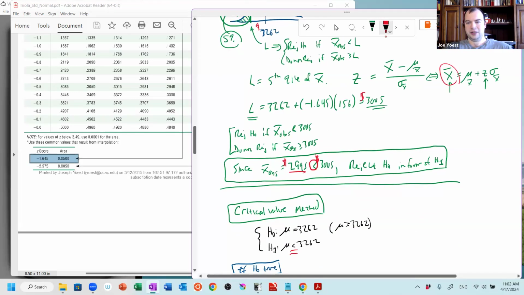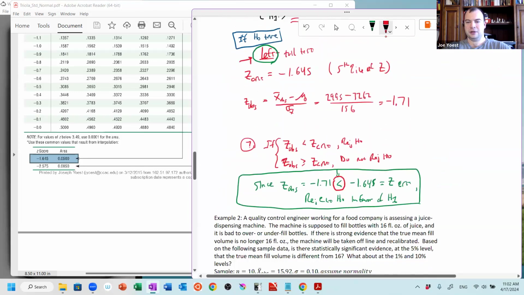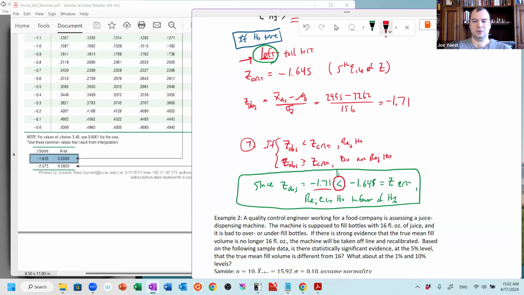But this number, 2995, or this number, negative 1.71, is related to X bar observed. And if it's a left tail test, my strong evidence is when X bar observed is far to the left, or when Z observed, therefore, is far to the left. Whereas if it was a right tail test, if everything was flipped, if I was providing evidence that the mean is bigger than some hypothesized mean, I would want to show that X bar observed was quite large, quite far to the right.